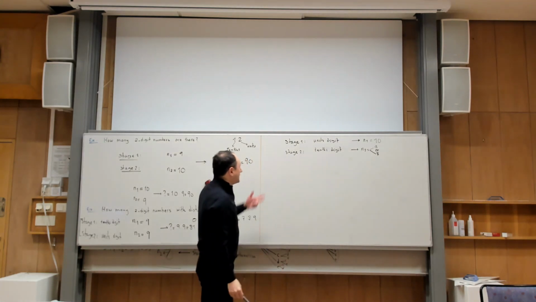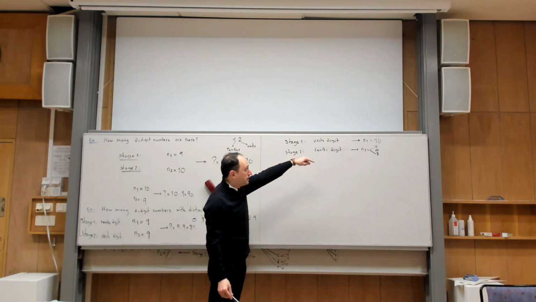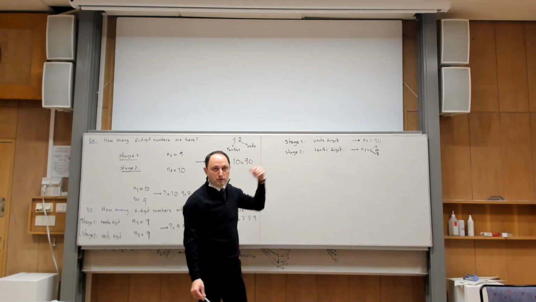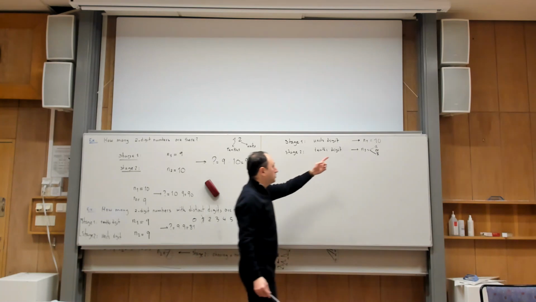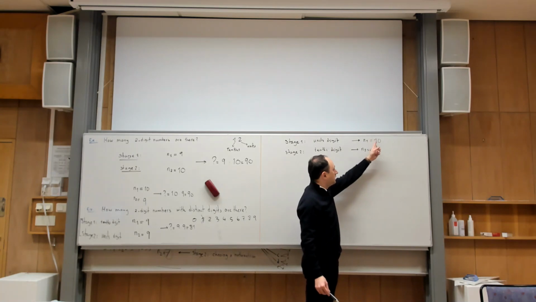So it means that if you define the stages for yourself in this way, there is nothing wrong about it. But I want you to understand, if you define it in this way, the product rule is not directly applicable to this problem. Because then you have 10 options available here, but you don't know, you should write 9 or 8. For some cases, you have to write 9. For some cases, you have to write 8.